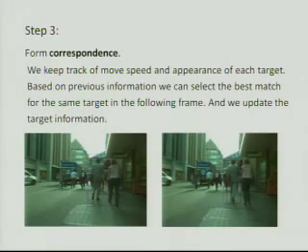Step 3 is to form correspondence. As I said, each target does not only appear in one frame. It appears in more than 1 frame in a video sequence. So we need to associate all detections in different frames for the same target. This is forming correspondence. We keep a record of the motion information and appearance information for each existing target, and we use that information to make a prediction for the next frame.